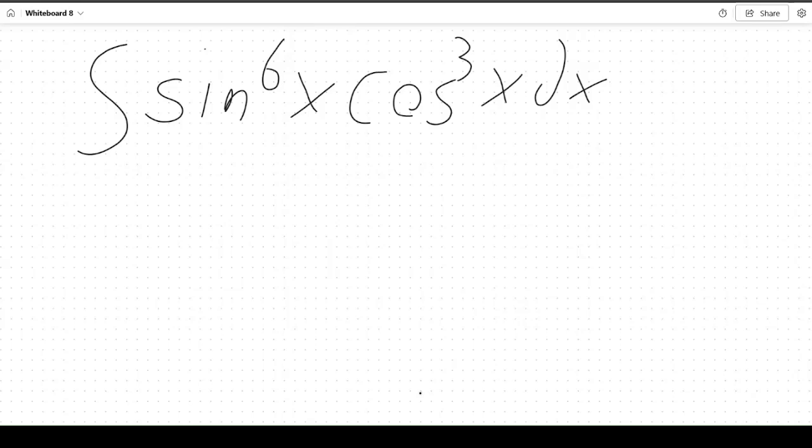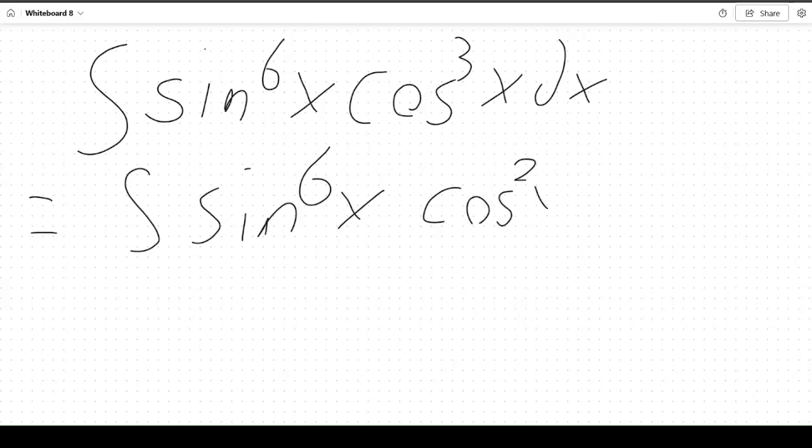So what we're going to do is leave the sine alone, but take out a cosine so that we have cosine squared x. Because when you think about it, cosine squared x times cosine x is equal to cosine to the power of 3x.